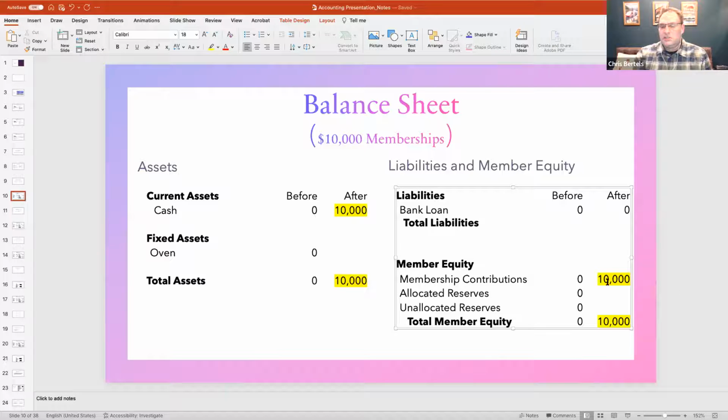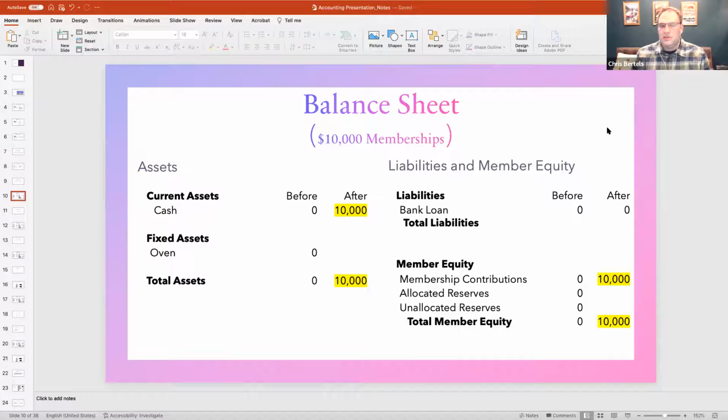This member equity is ultimately telling you that the co-op owes $10,000 to the members, and that might be paid back next year. It might be paid back in 10 years, but eventually it's going to be paid back.